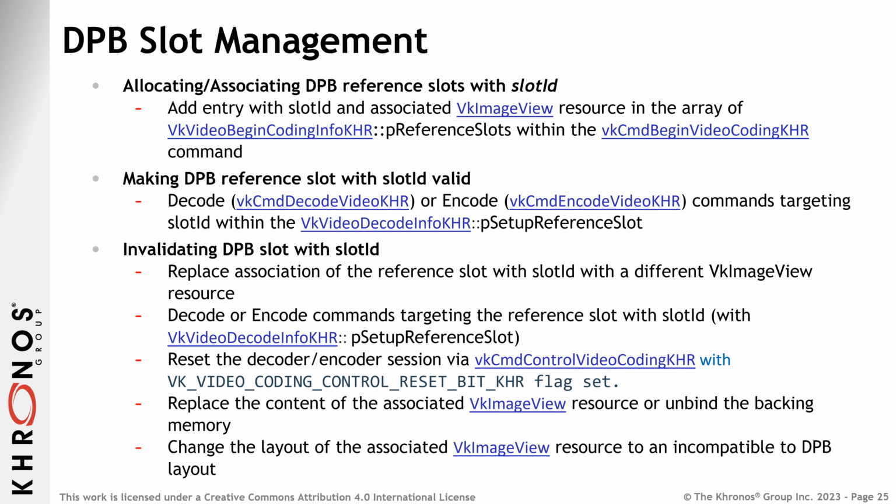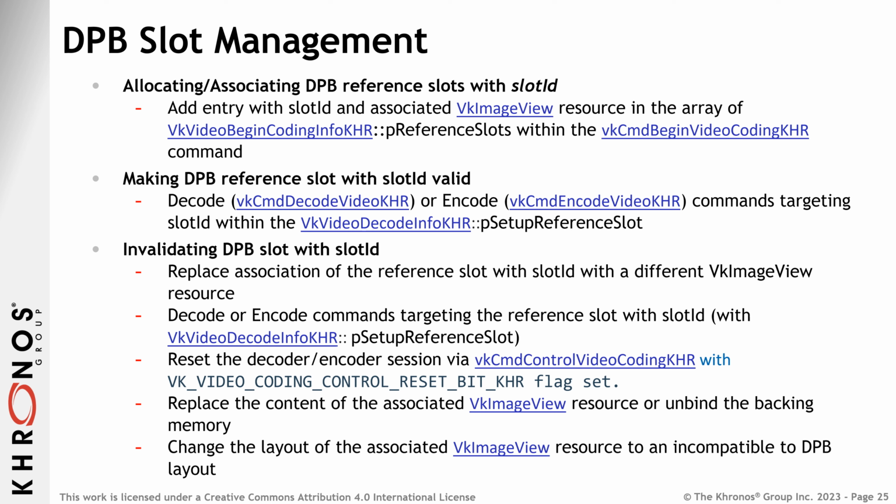When a new reference is required, since the video parser indicated that the decoded image is to become a short or long-term reference, or a new reconstructed image is going to be required for the encoder to use in following frames, the application must create such references by: A. allocating a DPB slot index, B. allocating the image resource, image view, and backing memory for it, and C. submitting the pair of DPB slot index with the associated image view to a decode or encode queue in the so-called setup slot.